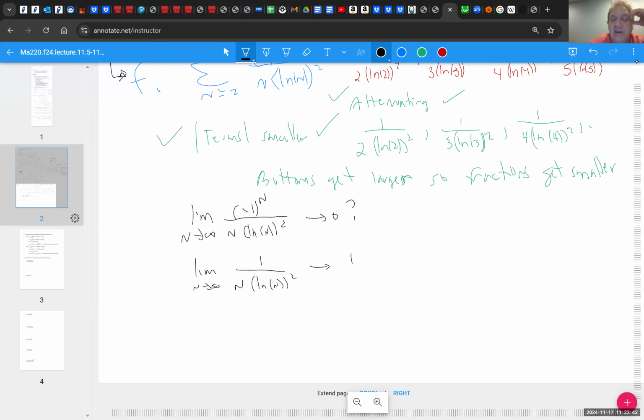It doesn't change because it has no n's in it. The bottom is infinity times ln of infinity squared. If you remember your pre-calculus, the ln graph looks like this, and natural log of x tends to infinity as x goes to infinity. It just keeps going up and up. It doesn't have an upper limit. So we get infinity times infinity squared, which is infinity, and 1 over that is definitely 0. So does the limit go to 0? Yes, it does.